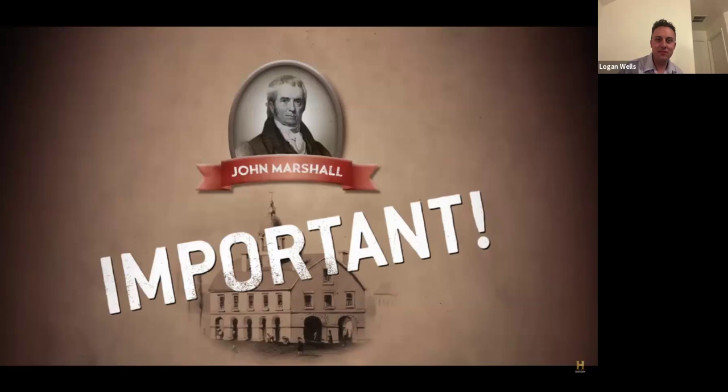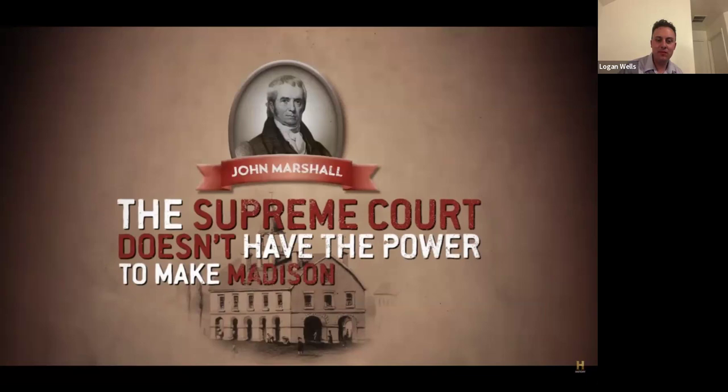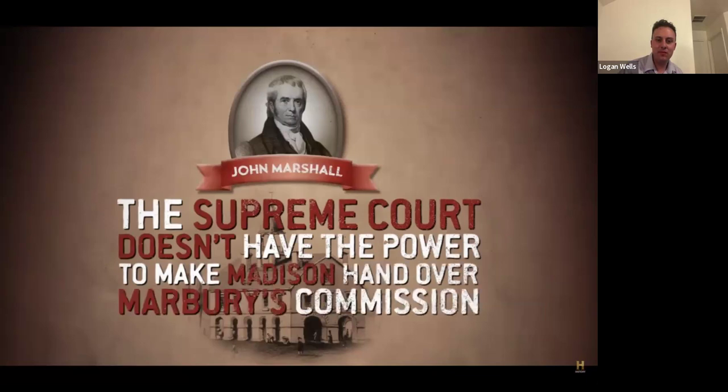There was a third part to Marshall's decision, and this is what made Marbury versus Madison so important. Marshall ruled that the Supreme Court didn't have the power to make Madison hand over Marbury's commission. So wait, what? In making his ruling, Justice Marshall had the court rule on itself. Marshall brought up the Judiciary Act of 1789. This was a law that gave the Supreme Court the power to rule in cases just like this.